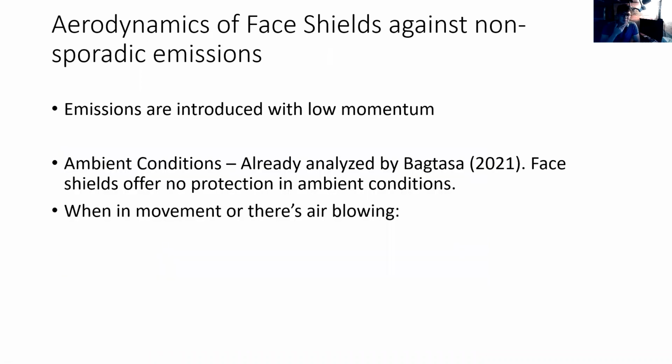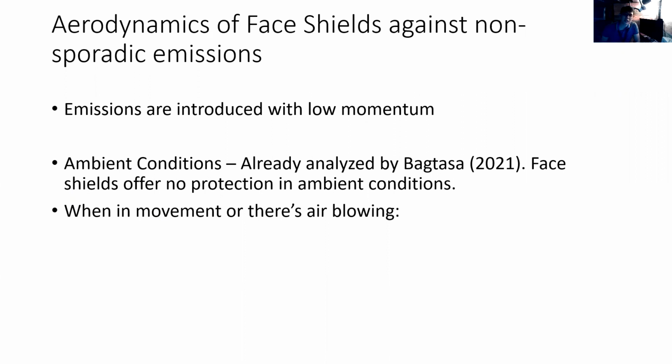So now, after sporadic emission, we identified the limitations of face shields. You only wear them when dealing with infected patients against sporadic emissions, while treating them frontally. For other angles of attack, face shields offer little to no protection, but rather aggravate your situation.